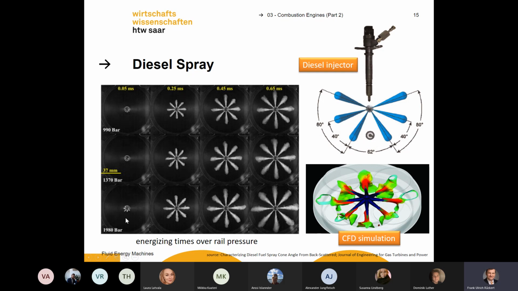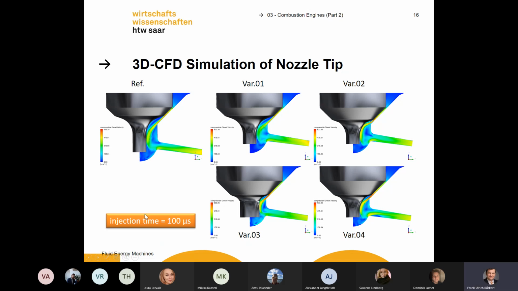And here you see different rail pressures. It's nearly 2000 bar at this position. How have we done these pictures? That's sophisticated. You need a glass cylinder, then you can make this kind of pictures, or you make a simulation of this spray plume.